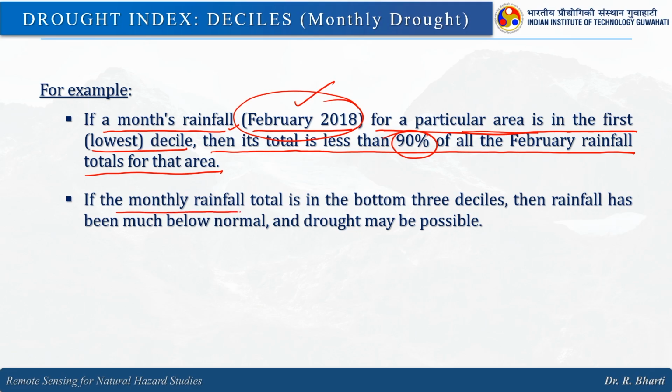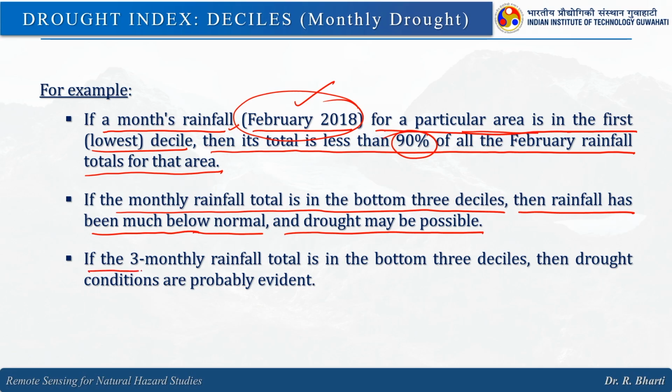If the monthly rainfall total is in the bottom 3 deciles, then rainfall is much below normal and drought may be possible. If the 3 monthly rainfall totals are in the bottom 3 deciles, then drought conditions are probably evident.